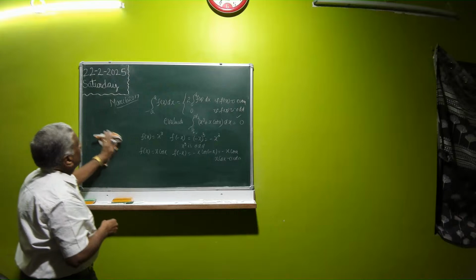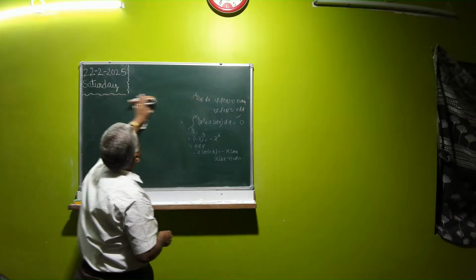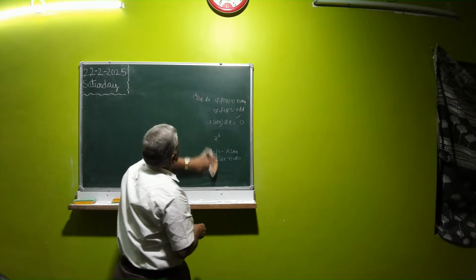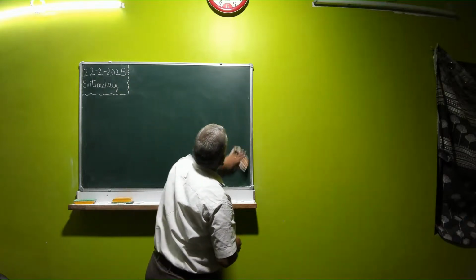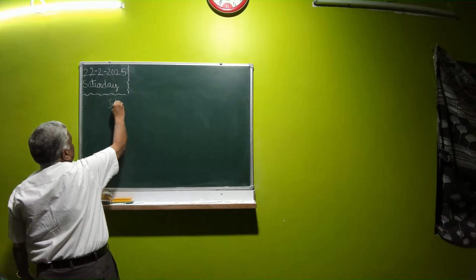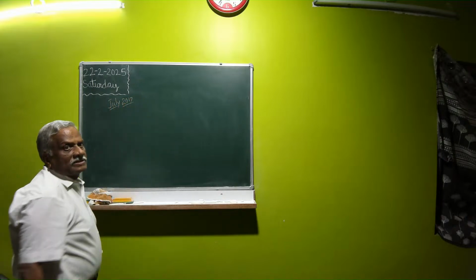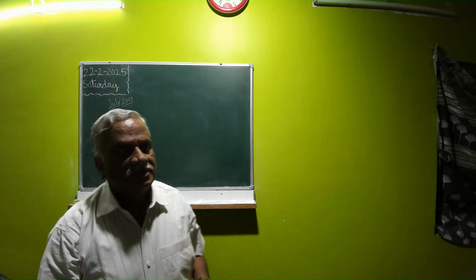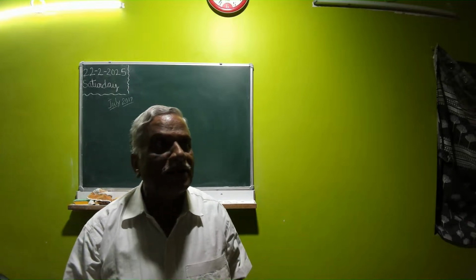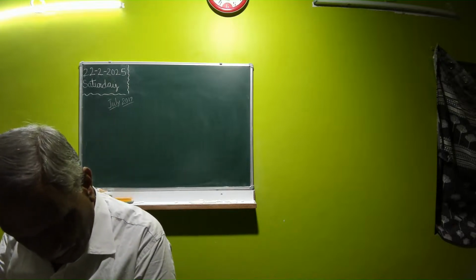We'll move on to July 2017. See, these problems carry 6 marks. They are not difficult. And of hardly 8 problems, they repeat one of them. You can always be sure of getting these marks.